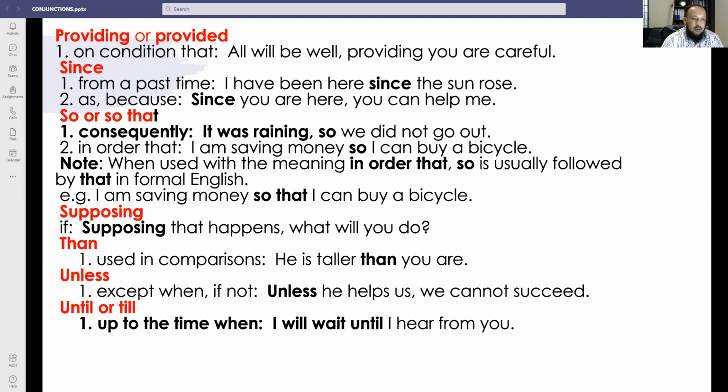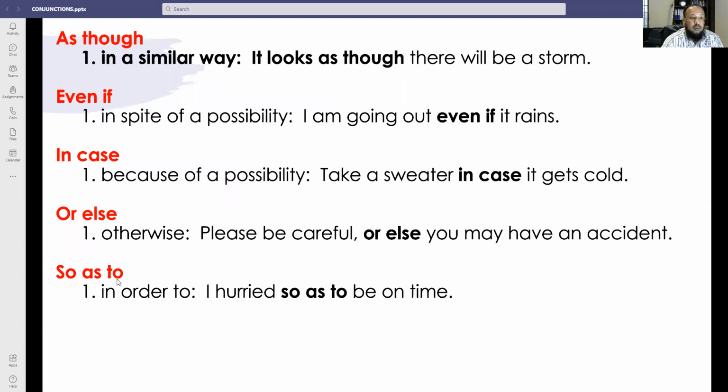Providing or provided, since, so or so that, supposing, then, unless, until or till. So there are many words. As though, even if, in case, or else, so as to.